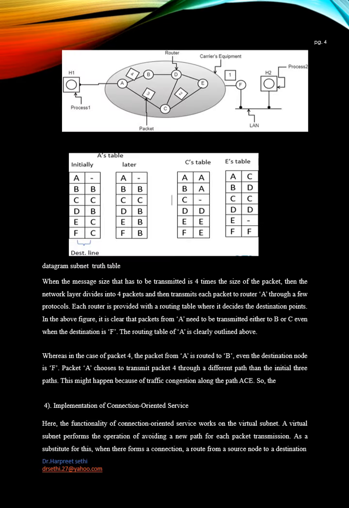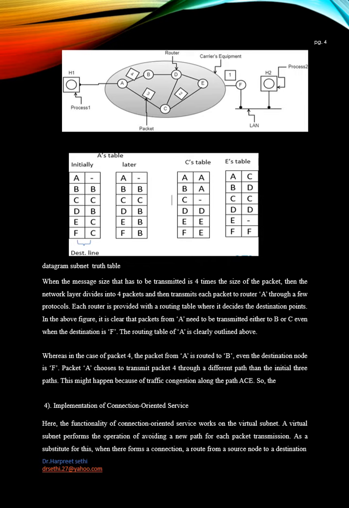In the datagram subnet, when the message to be transmitted is 4 times the size of the packet, the network layer divides it into 4 packets, then transmits them through a few protocols and then others. The packets are routed from A to B and F, then A to B, B to C, and C to D, and after that through B, E and C, and initially the route is displayed on this and later on this.